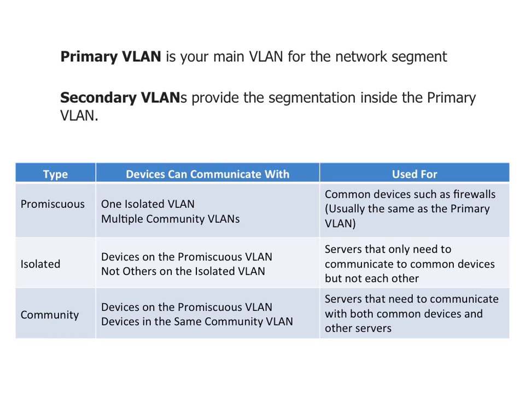Used for servers that only need to communicate to the common devices but not each other. And then community devices, they can communicate with devices on the promiscuous VLAN and other devices in the same community VLAN. So that's for like a group of servers or a farm of servers that need to communicate with both each other and things in the promiscuous network such as a firewall.